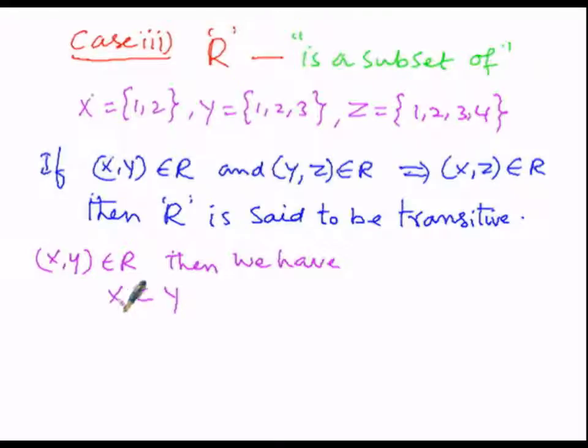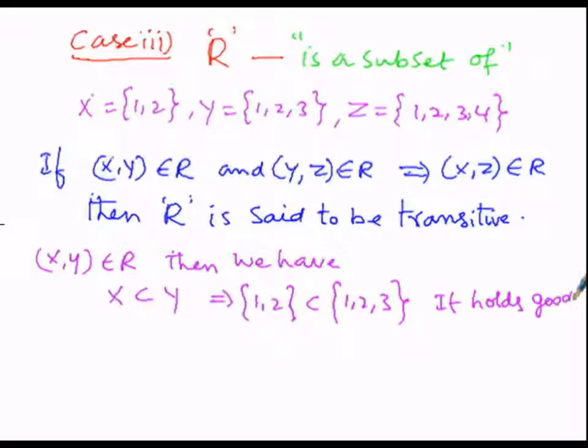So x elements, 1 comma 2, are a subset of y elements, 1 comma 2 comma 3. The elements in the first set 1 comma 2 are also the elements of the second set. Therefore x is a subset of y, so it holds good.